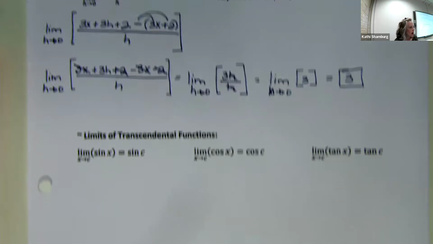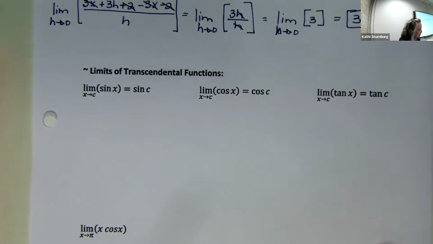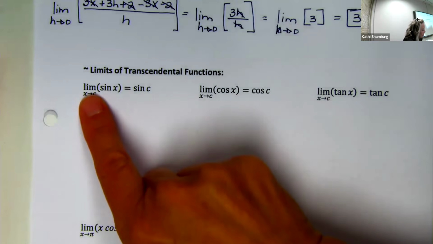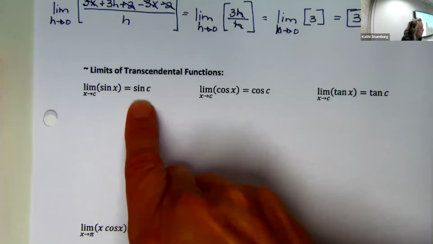Okay? All right, we're going to quickly do these 3 and then we'll stop. All right, this is saying the limit of the trig function sine of x. Y'all, you just use direct substitution.